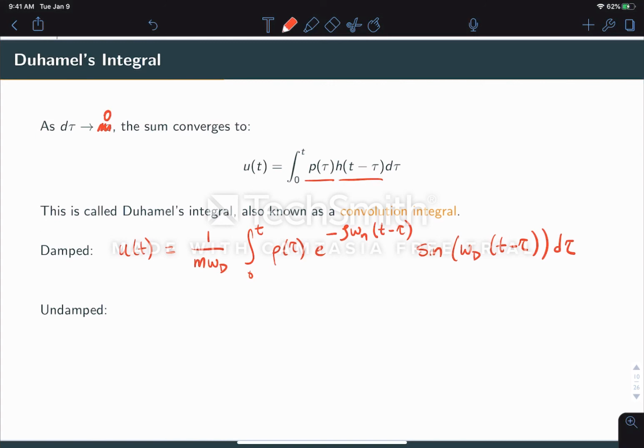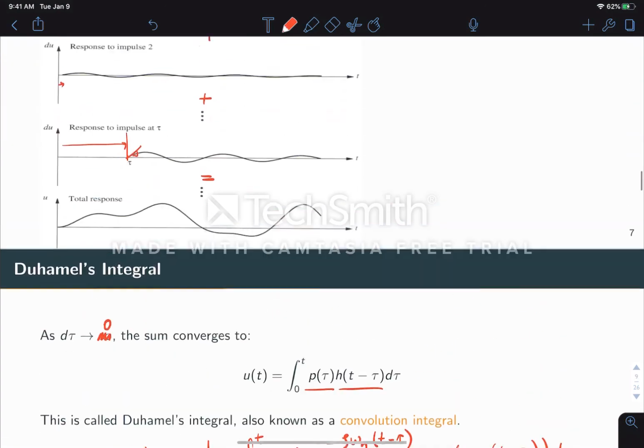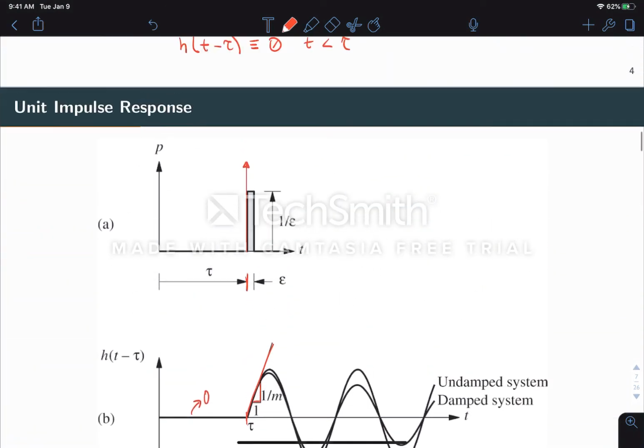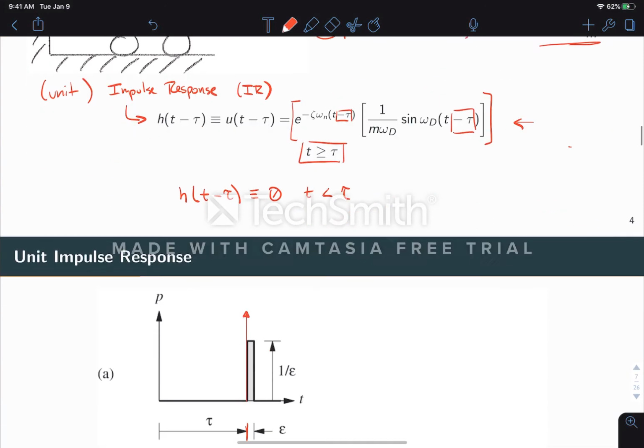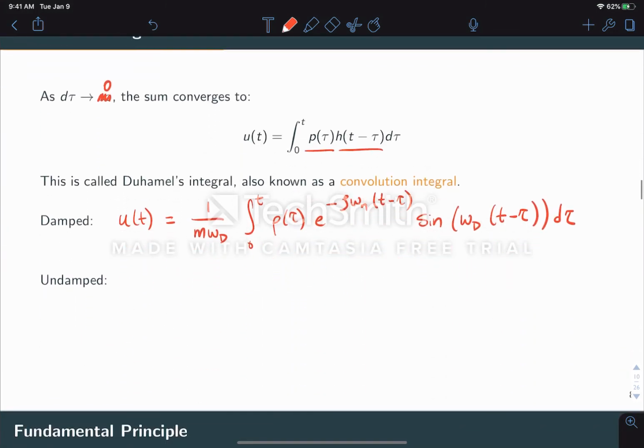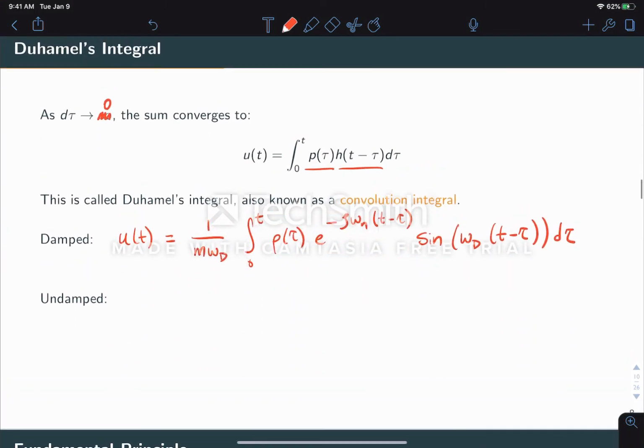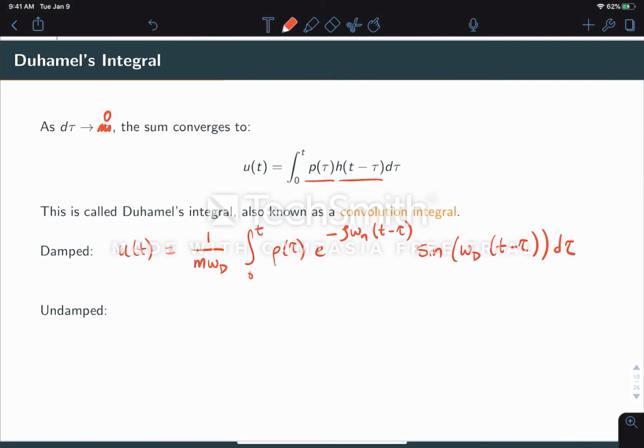So all I did was take the definition of h, which we got up here, rearranged it just a little bit, so I drew the 1 over omega d to the outside, and that is basically it. So that is your damped response. The undamped, I'll leave it for you to find. Simply you can replace zeta equal to 0.